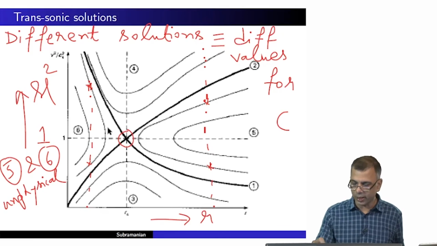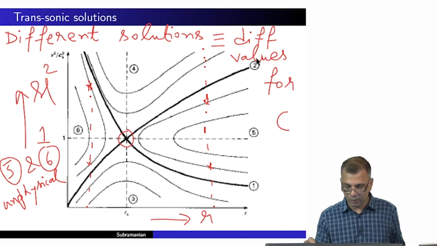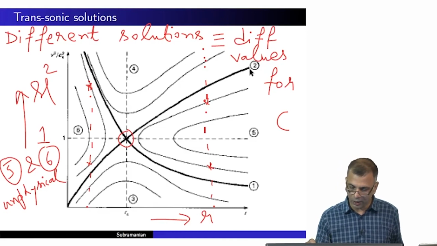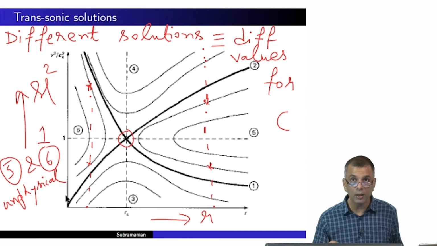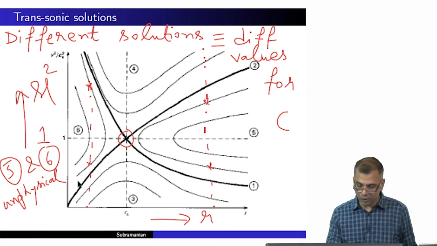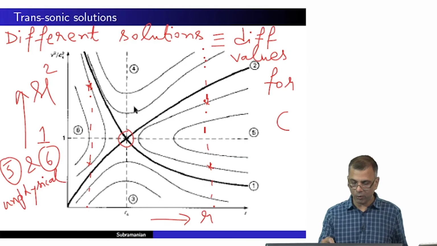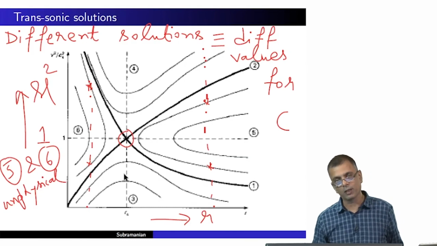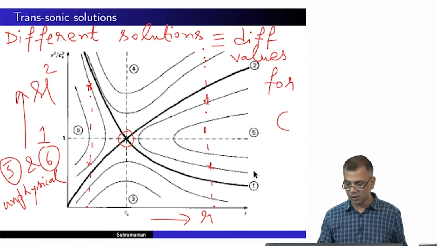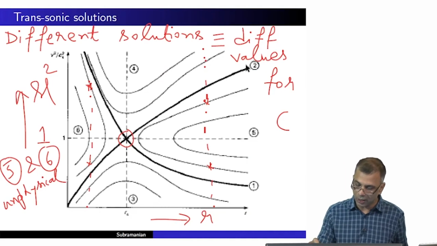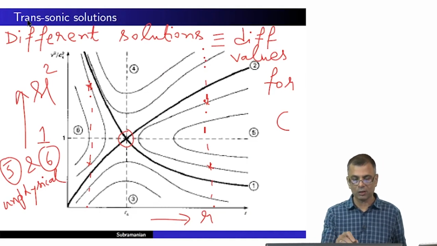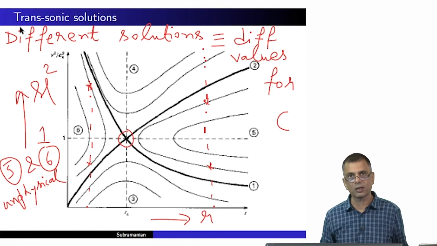Solution 2, on the other hand, starts supersonic, with Mach number greater than 1, and it ends up at Mach number less than 1, but it passes through the sonic point. Solutions 3 and 4, however, do not pass through the sonic point. They are not transonic solutions. Only solutions 1 and 2 are the bona fide transonic solutions.